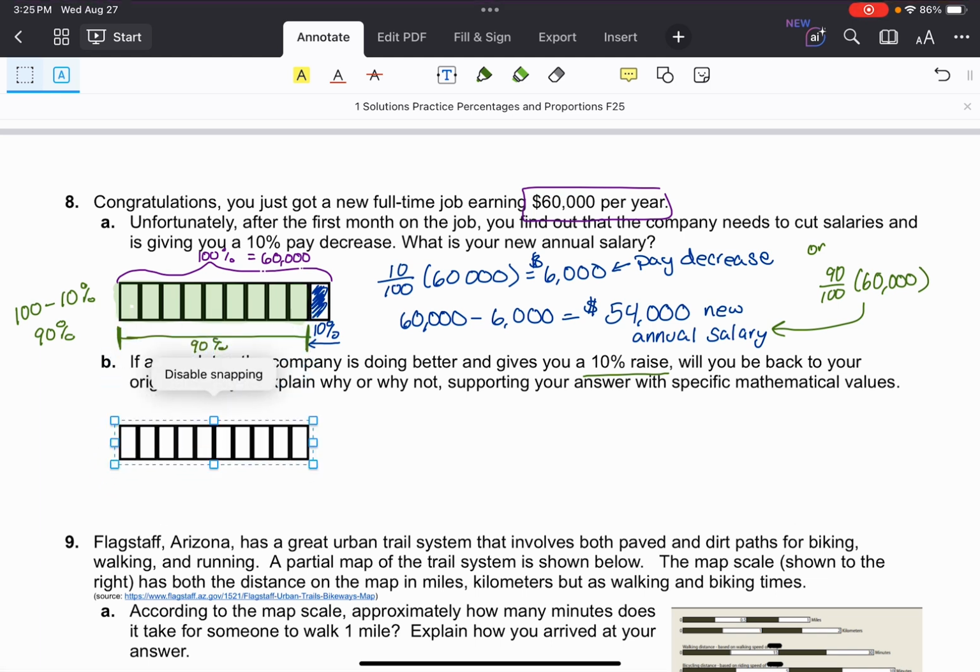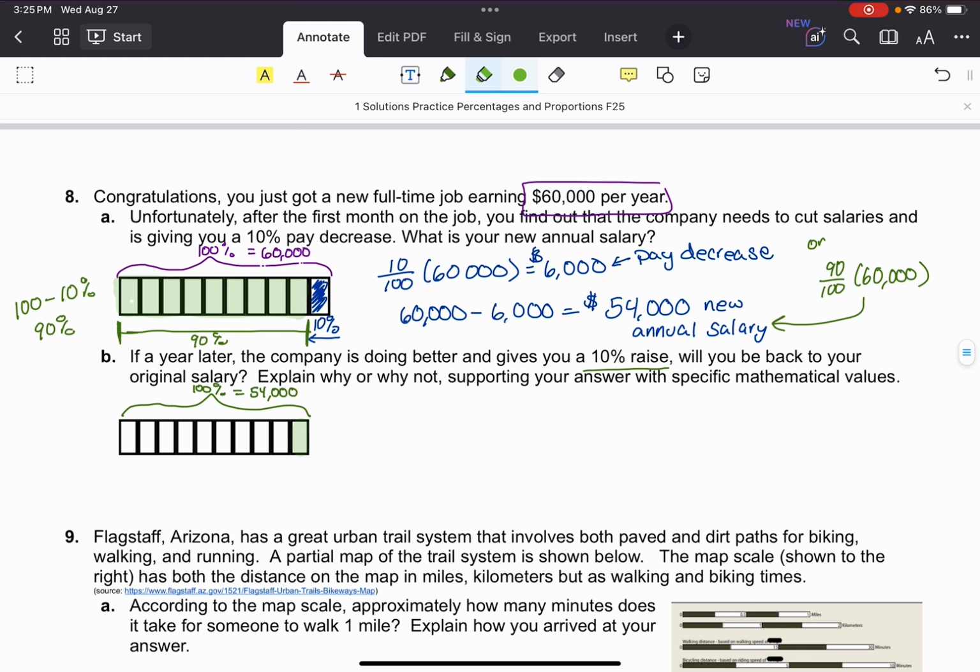We're starting at 90, at that 54,000. So in this case, this 100% is the 54,000.